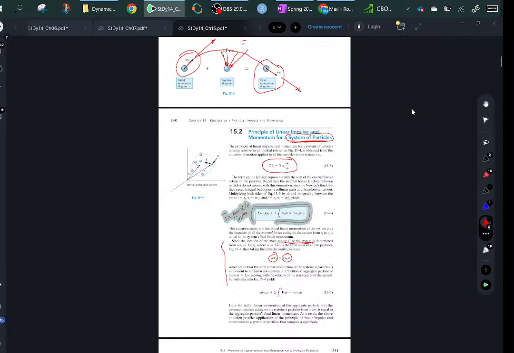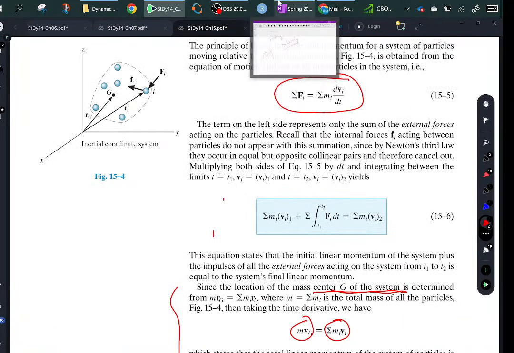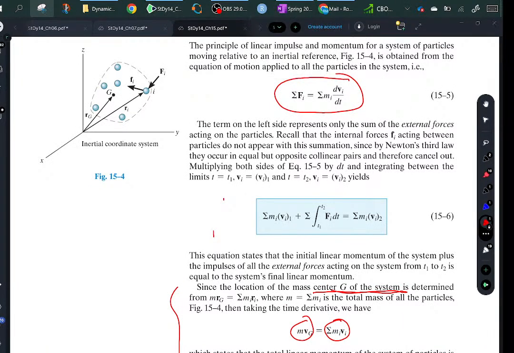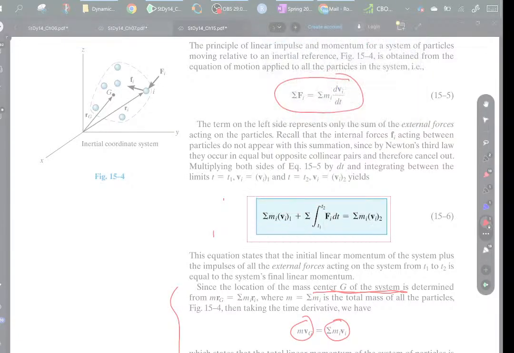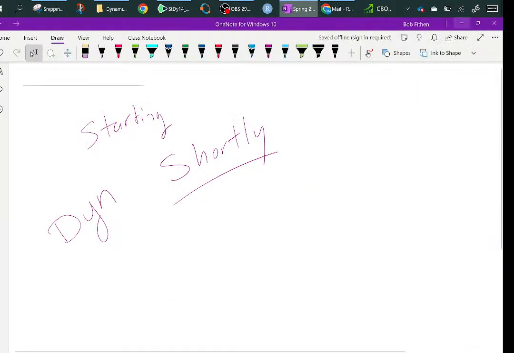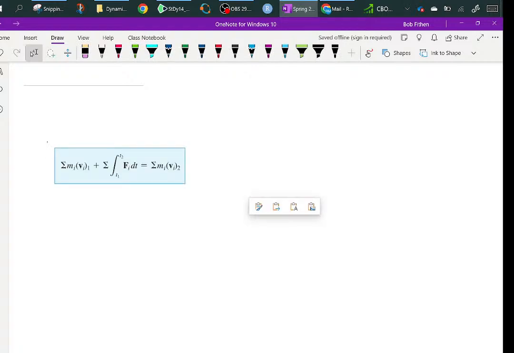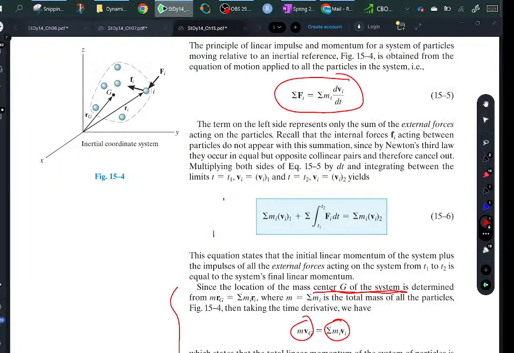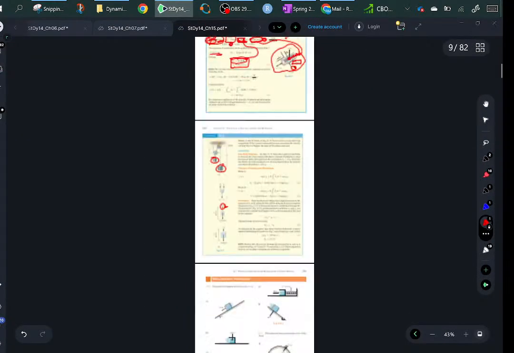Let me explain how you got from one to the other. The other equation did not have a term.